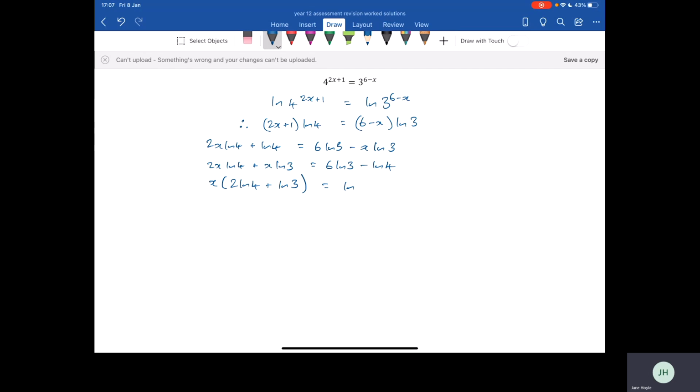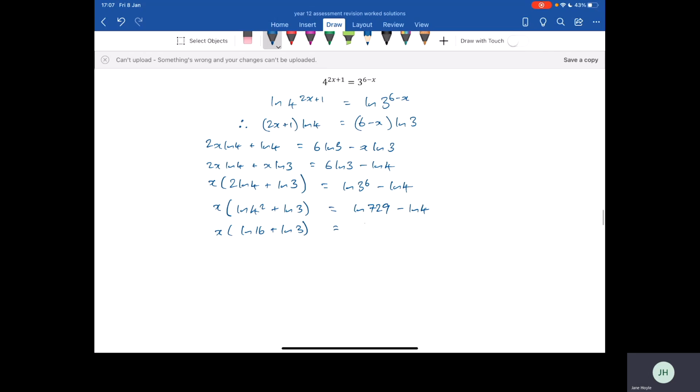So now I've got ln of 3 to the power of 6 minus ln of 4. Here on the left-hand side, I've got ln 4 squared plus ln 3. Now 3 to the power of 6, I think 729, yes. So that's ln of 729 minus ln 4. I've got x times by ln 16 plus ln 3.